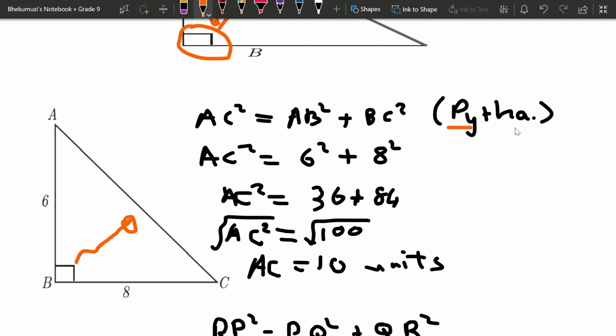And then you must write a reason, in this case Pythagoras. I didn't write the full name, I just wrote Pytha dot. You would write the full name Pythagoras. And so you would know that, okay, it's Pythagoras, and then you substitute your numbers. So it will be 6 in AB, it will be 8 in BC, and then you have 36 plus 64. Equals 100.